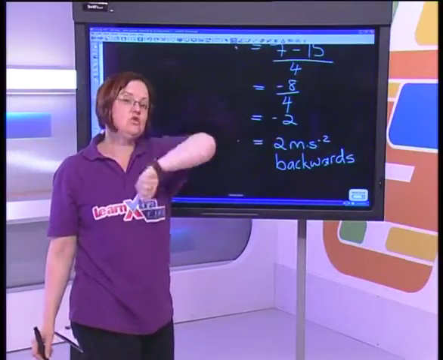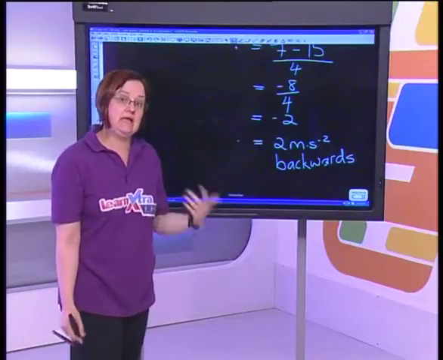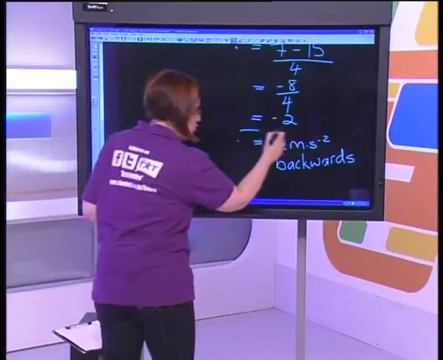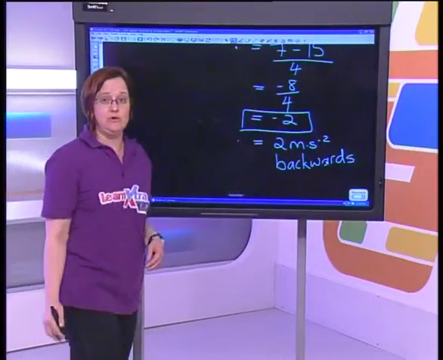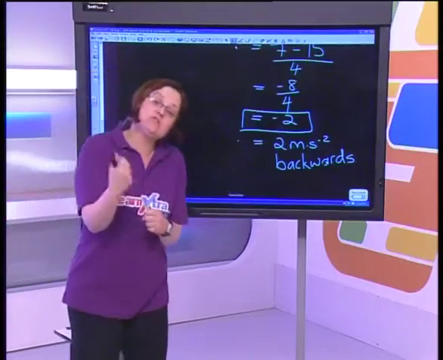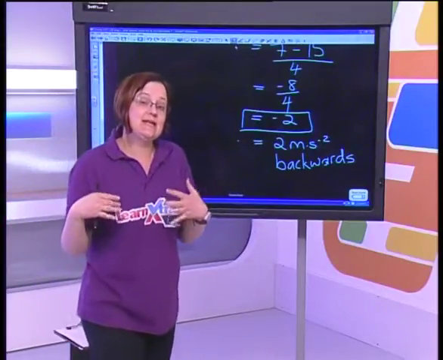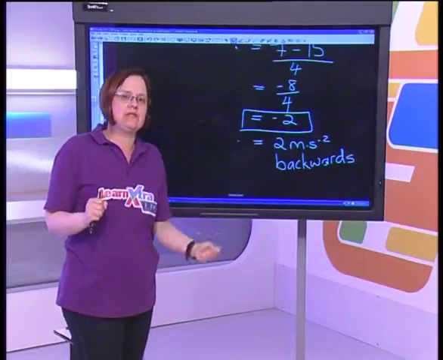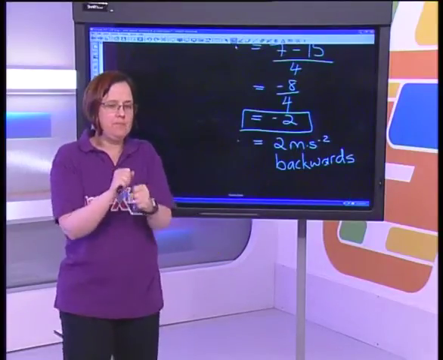If I needed to use this acceleration in a calculation a little later on, which you're going to see, I use the negative value. So when I use that value in a calculation, I use the minus. When I get it as an answer, I take the minus away and I describe the direction in words. I'm hoping you'll get that.